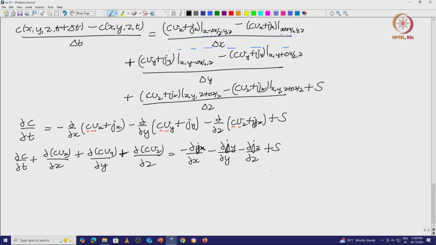This equation I can write in more compact form using vector notation. You know that the velocity vector, I will use under bar for the vector velocity, is equal to v x e x plus v y e y plus v z e z. That is a vector. The vector j, the flux, is equal to j x e x plus j y e y plus j z e z.